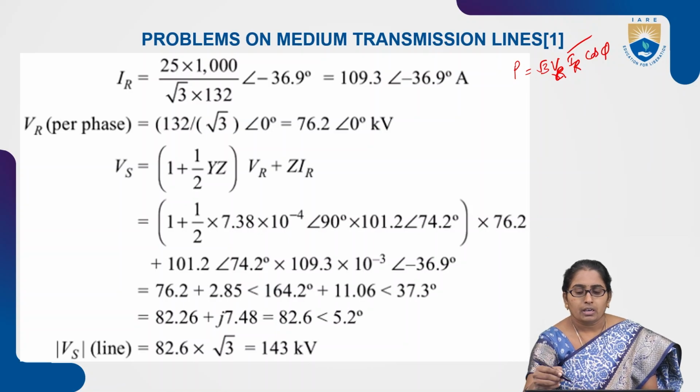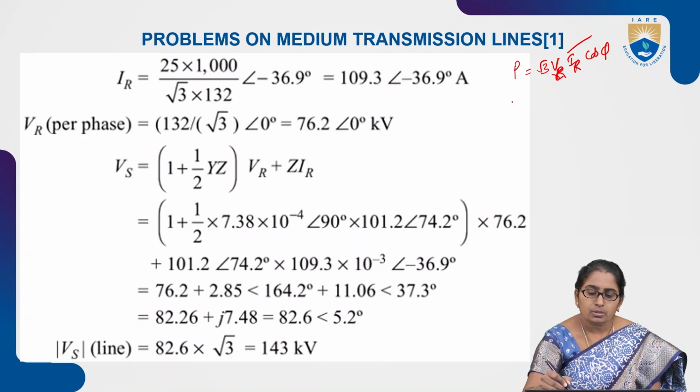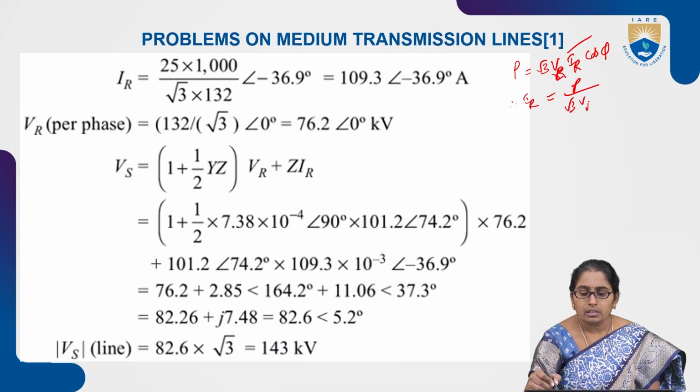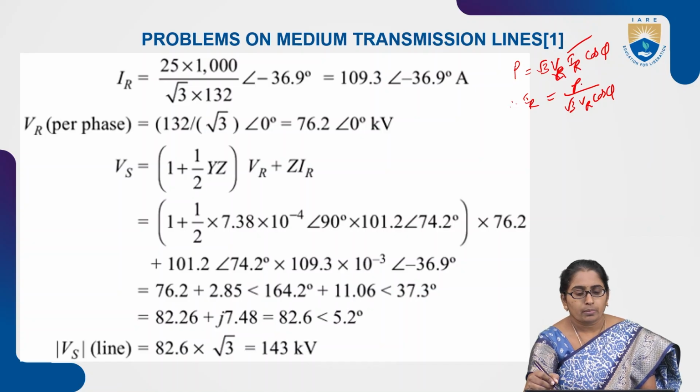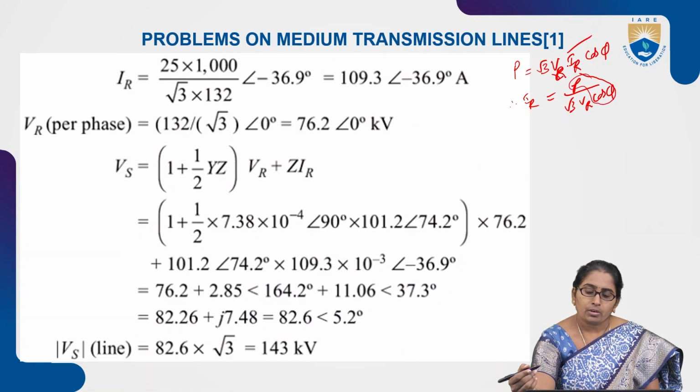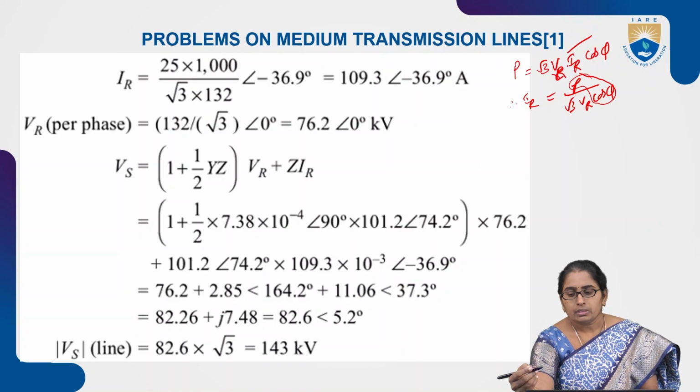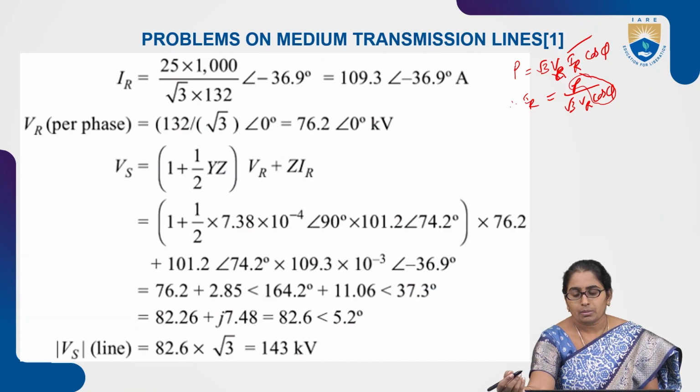So IR is P by root 3 VR cos phi. Here the power is given not in watts, it is given in MVA. That means they have given P by cos phi value, the apparent power is given, that is the meaning.